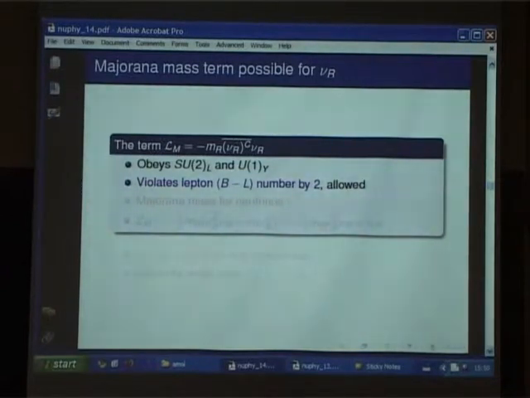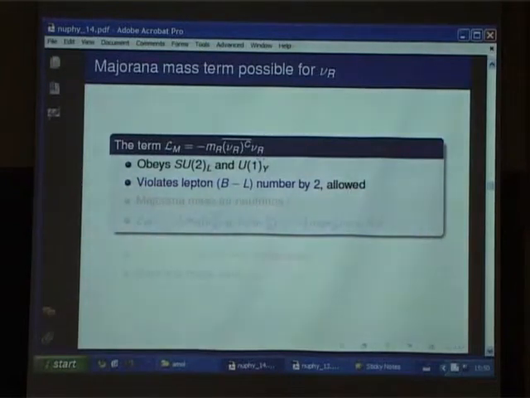So this term obeys SU2, obeys UR. It violates B minus L by 2. Forget about B, there are no baryons here, so just talk about lepton number. The lepton number for mu R, which is a neutrino, is 1.